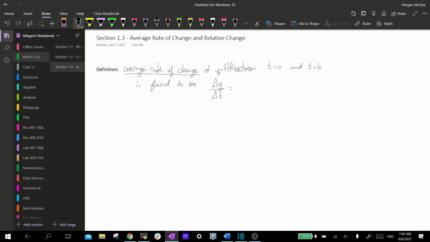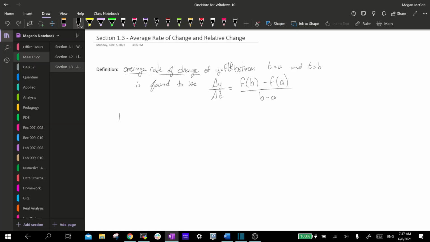Since y is a function of t, we can write this as the function value at our end point, t is equal to b, minus our function value at the beginning, t is equal to a, all over b minus a.